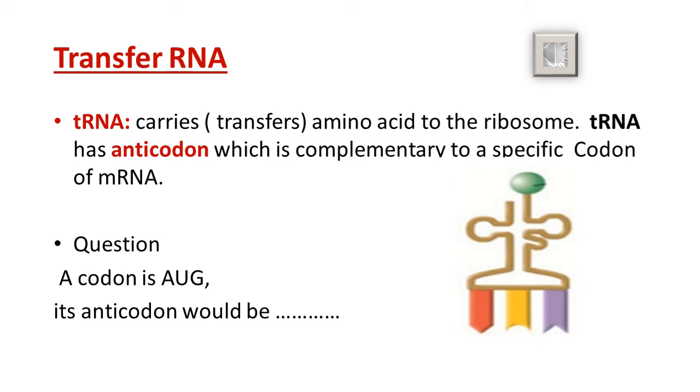What is the anticodon of this codon? What is the anticodon of tRNA to AUG of mRNA? AUG: A pairs with U, U pairs with A, and G pairs with C.